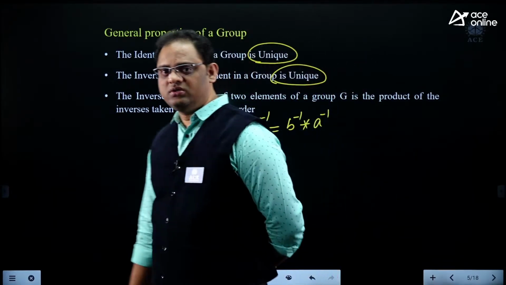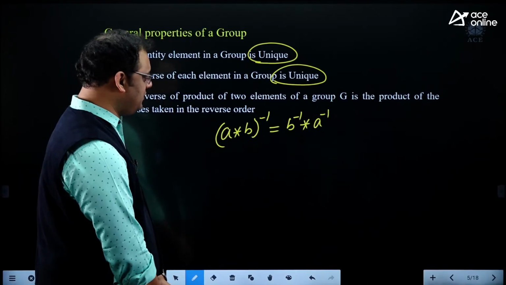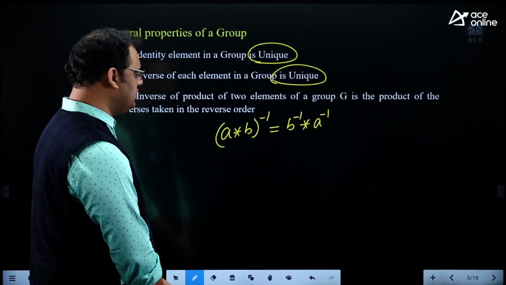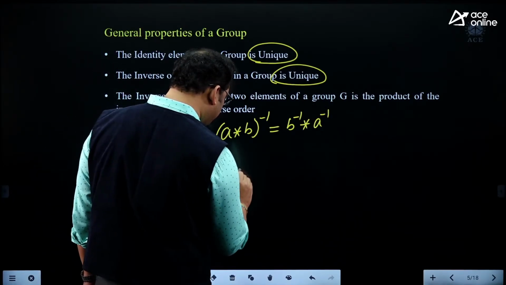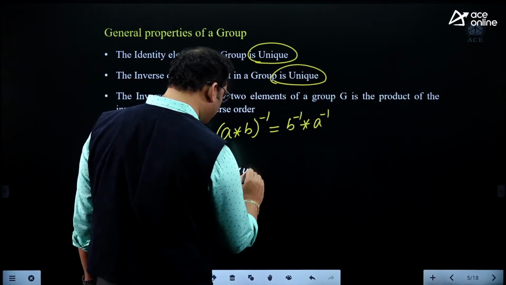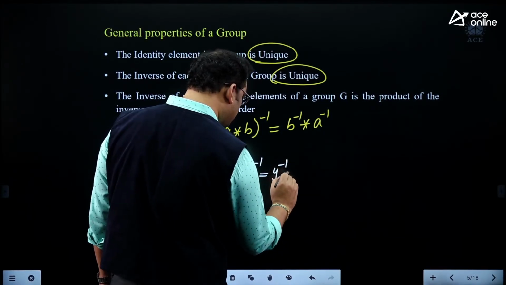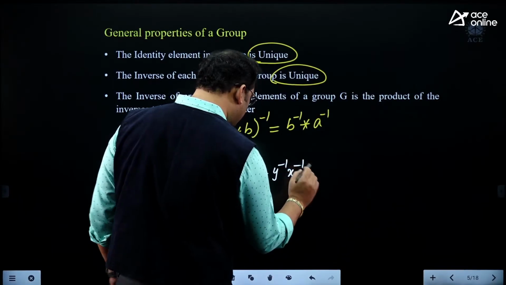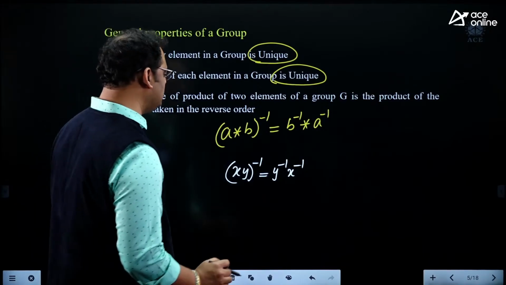Here star is the binary operation, whatever the binary operation is in the question. In simpler terms, (XY) whole inverse is nothing but Y inverse into X inverse, the product of their inverses in reverse order.